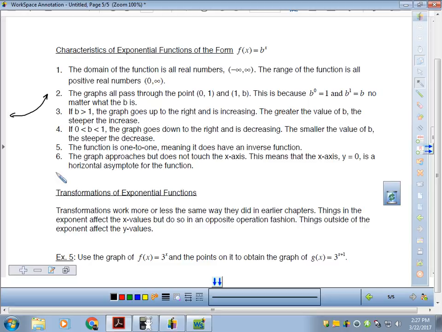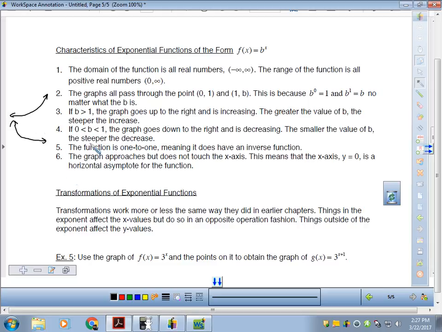If, on the other hand, your b is between 0 and 1, your graph is going to look like this, just like we did in example 4. It's a graph that goes down to the right, and it is decreasing. So just by looking at the base number of the exponential function, you can determine whether it's going to be an increasing or a decreasing exponential function.